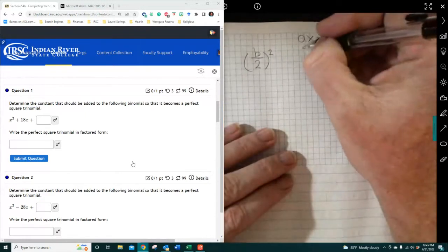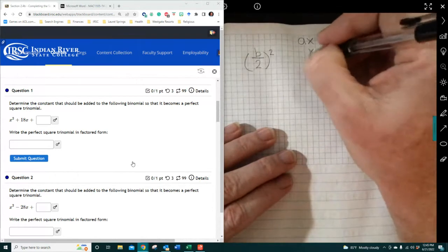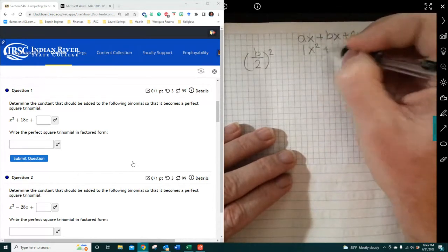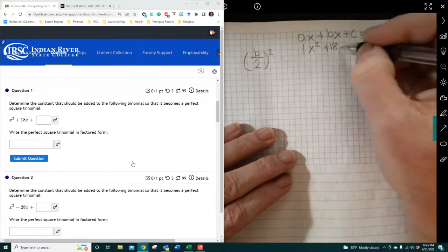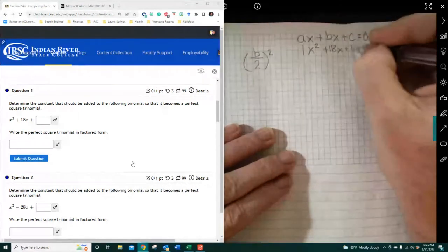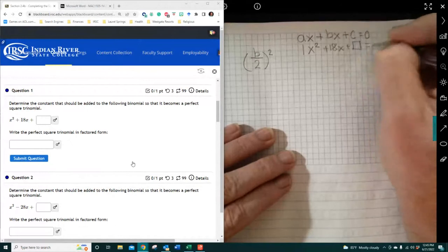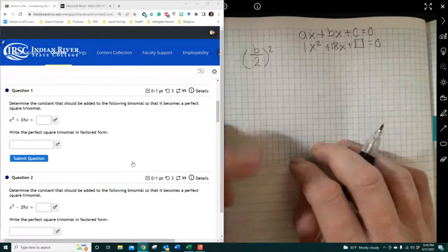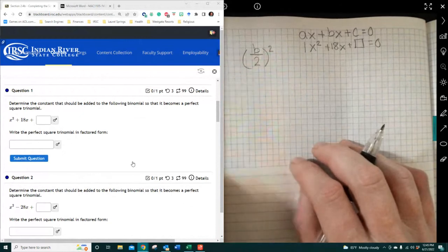And what they did is they provided us with the a, which is 1, and they provided us with the b, all right, but they did not provide us with the c, and that is the big question mark that will make this a perfect square if we use the perfect square trinomial strategy or formula.